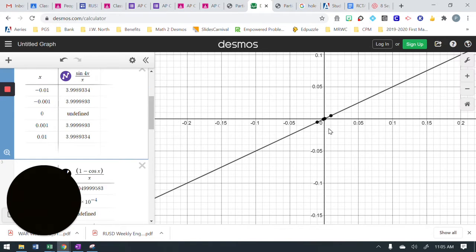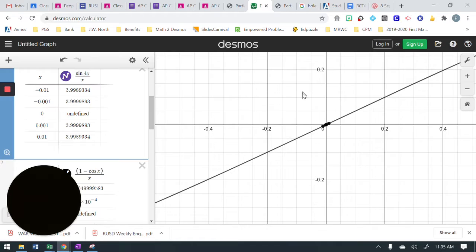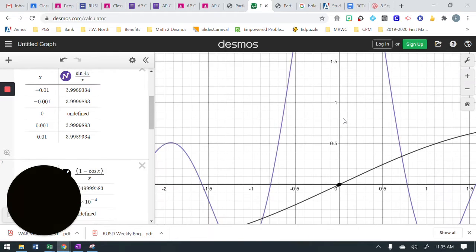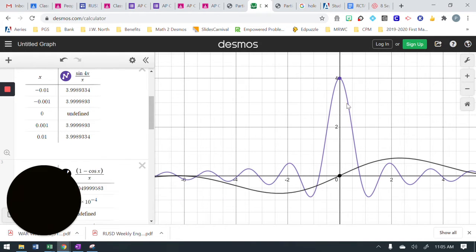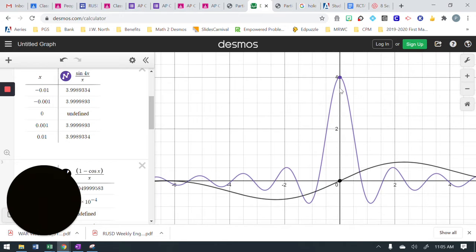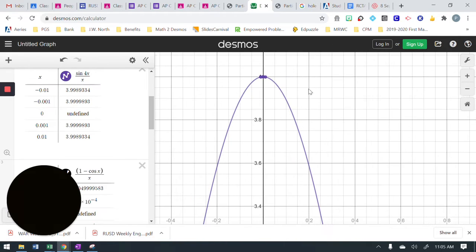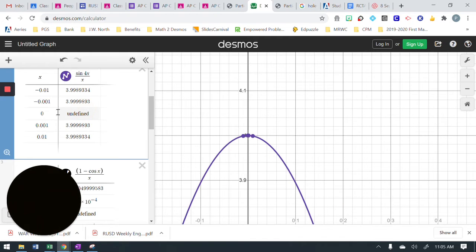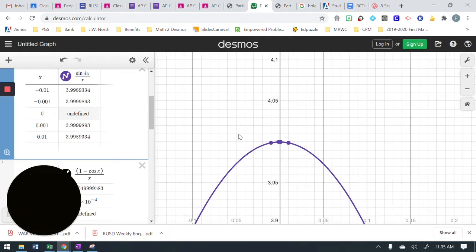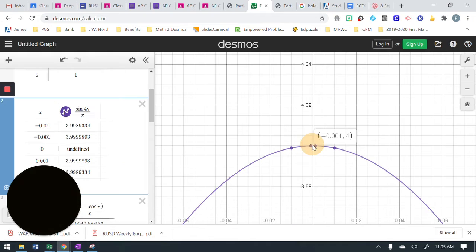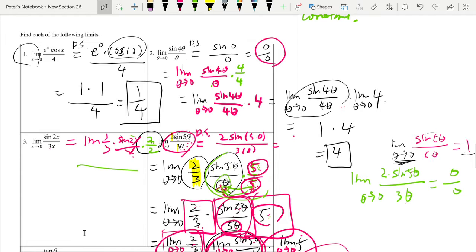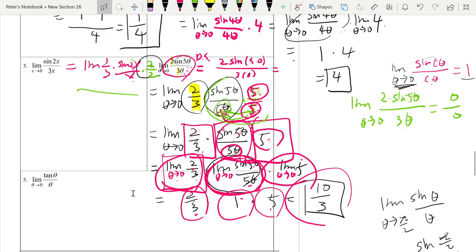Let's see, how's that going to look? It's actually this purple guy over here, if you folks look at it. And do you see we're approaching 4, even though it's not defined. It's not defined when x is equal to 0, right? Because you get 0 over 0. But you'll see that it's approaching 4 as we get close to it. So that's one way to check it out.